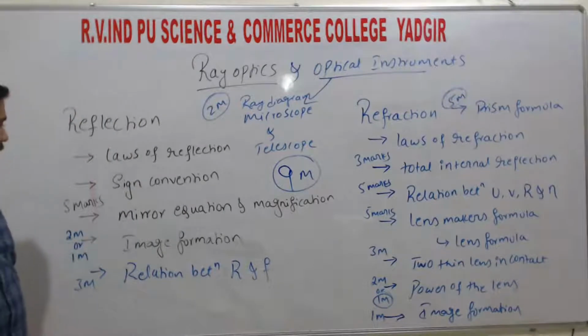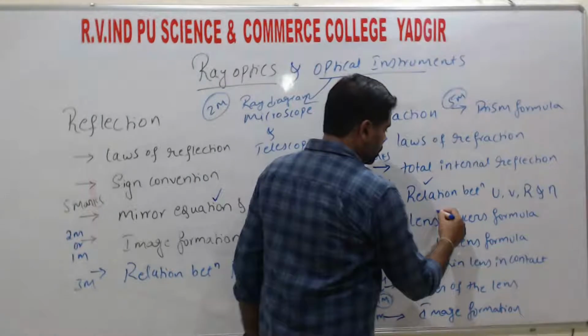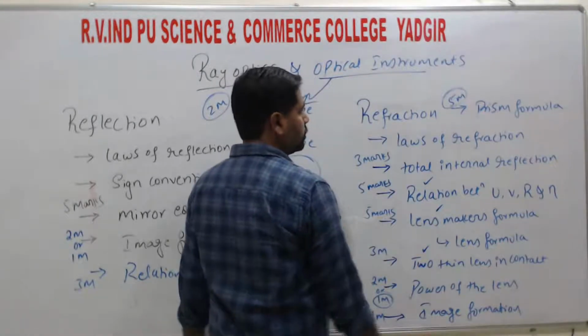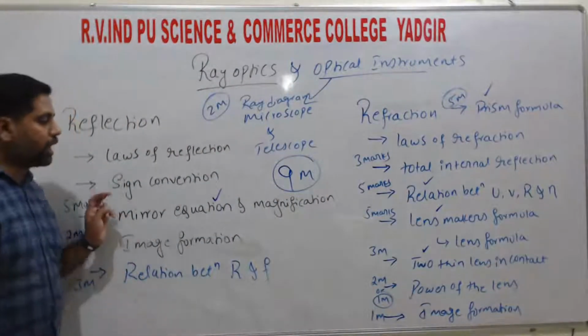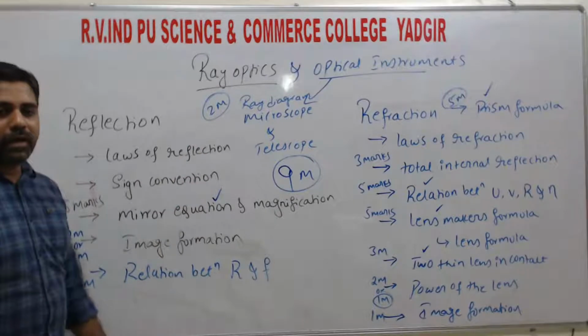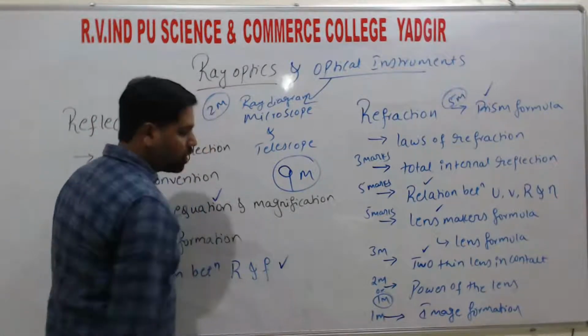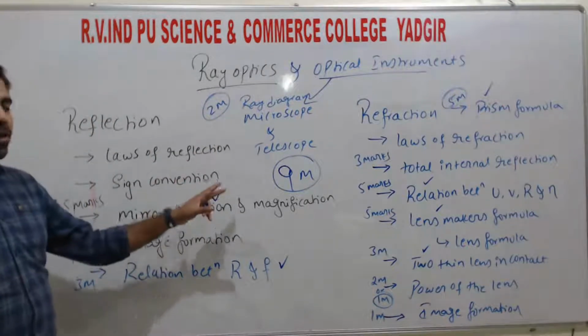If you observe here, we have one derivation, here we have 1, 2, 3, 4, and here we have 5. So we need to practice all these 5 derivations. That is for 5 marks, and again one more derivation here for 3 marks. These are the few important derivations.